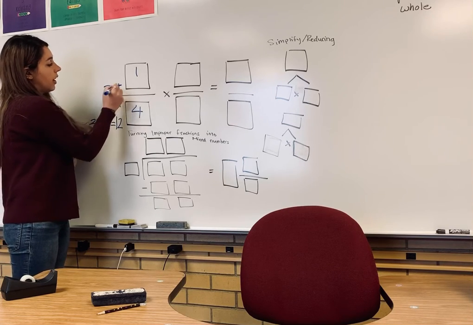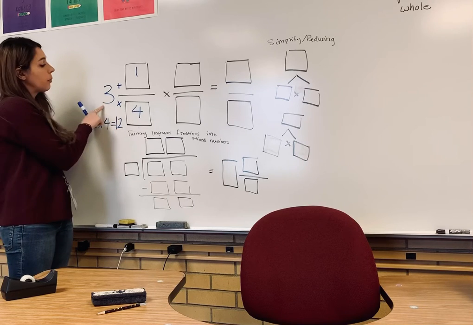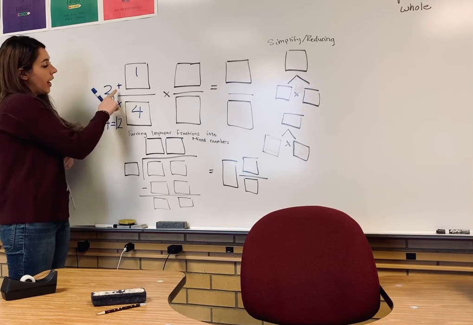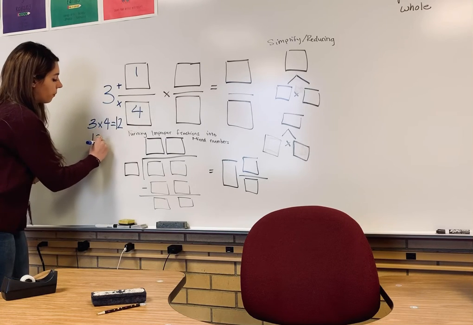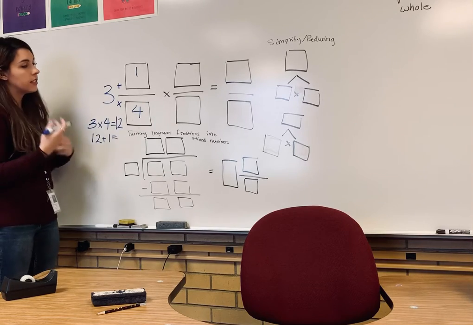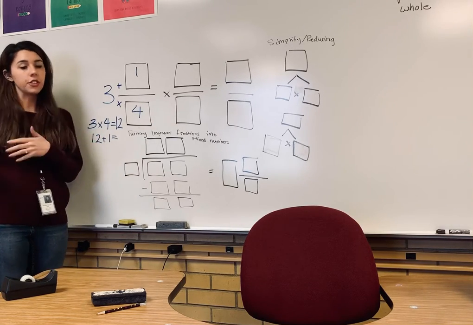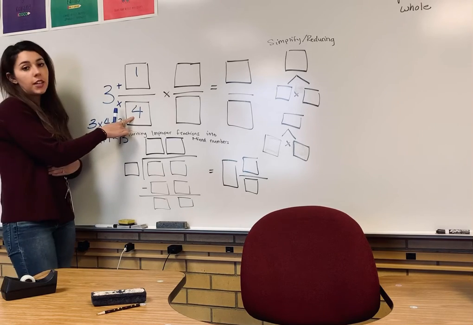So now I'm putting a plus sign here to add the top. I do 12, because that's what I got from 3 times 4, and I have to add my numerator, which is 1. So now I'm doing 12 plus 1, and 12 plus 1 is 13. I'm not going to change my denominator.